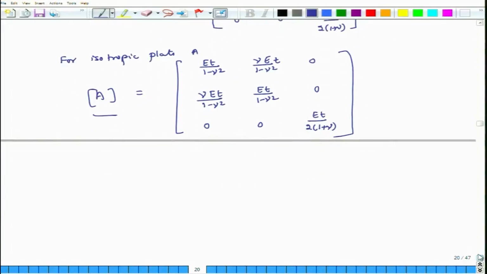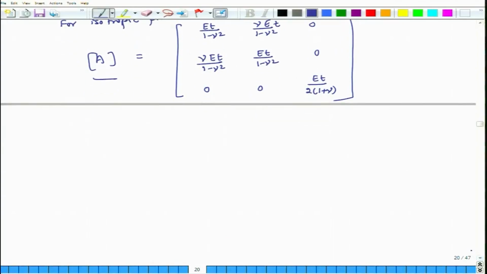So, this is an isotropic plate, and suppose there is a composite laminate, not layer, that is quasi-isotropic.